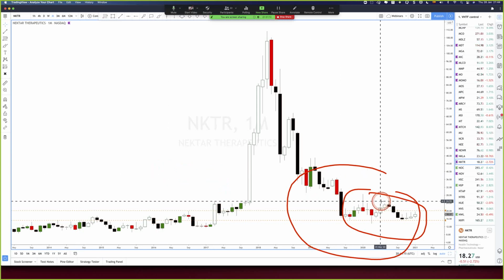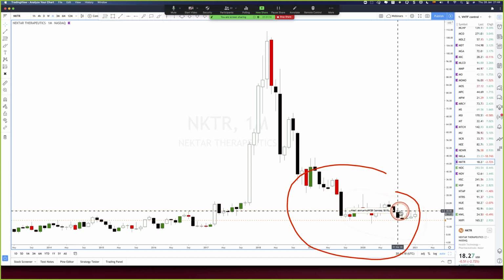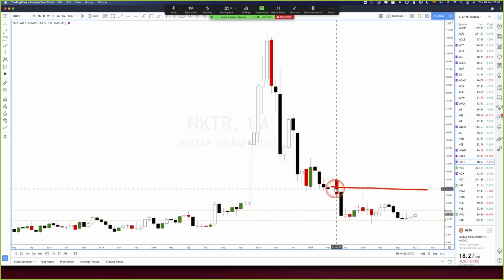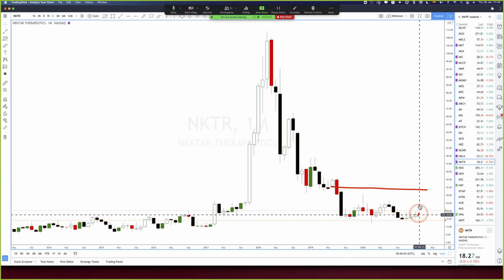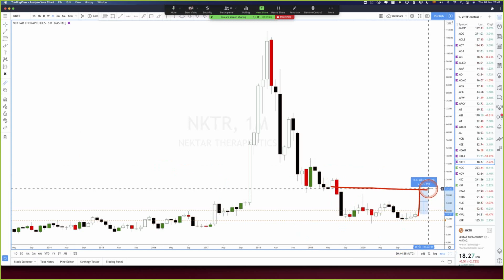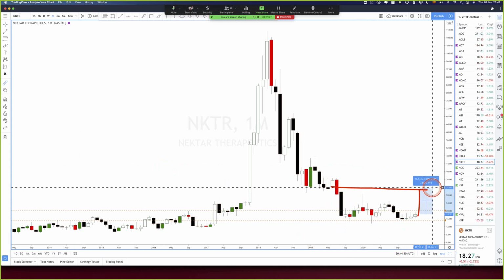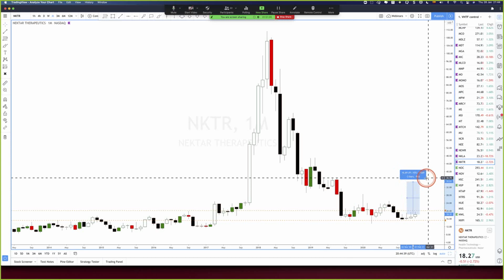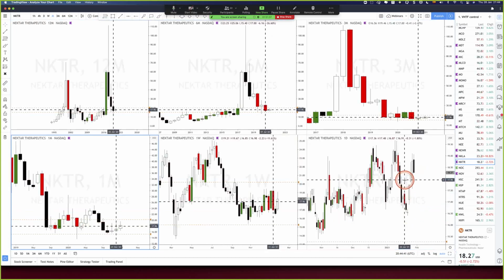I mean, very bad. Losing momentum. So there is a high probability that price is going to reach that monthly area of supply. And that will allow Nectar to rally like 73%, from $18 to $32 more or less. That's a lot.